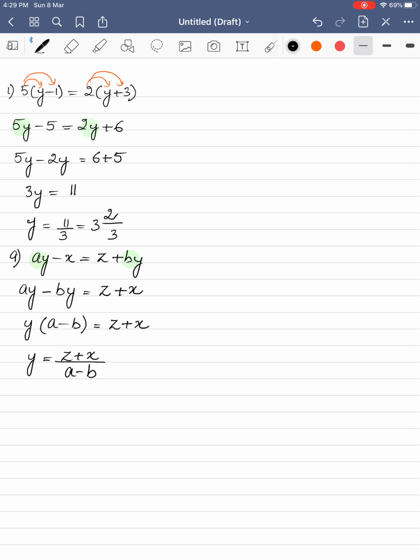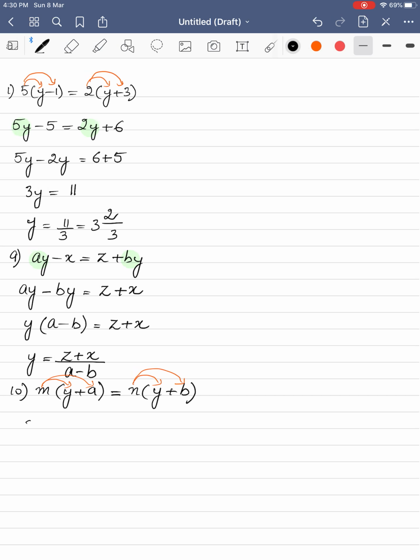Let's try question number 10. We have m(y + a) = n(y + b). The first thing that we will do here is to open the bracket by multiplying with what is to the left of the bracket.